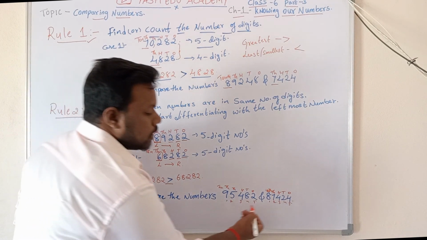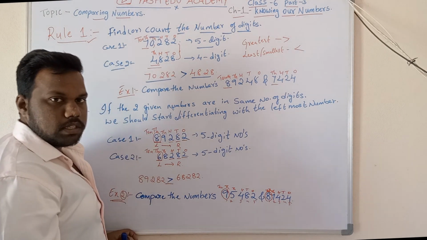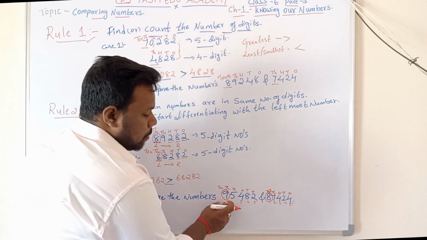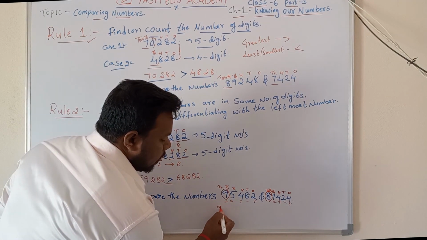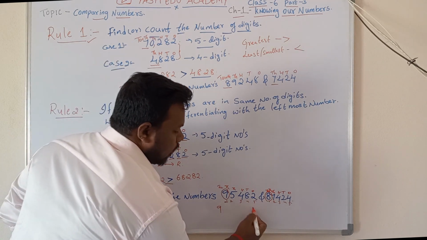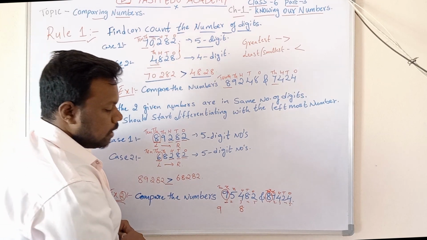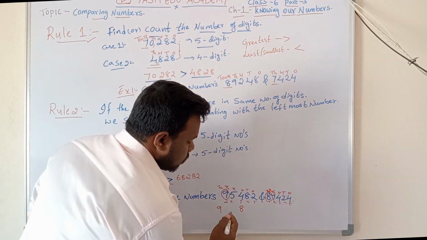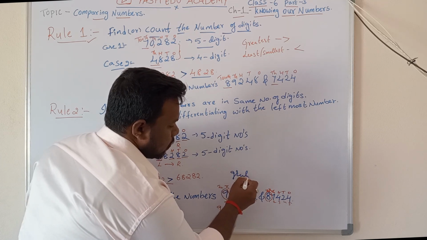We should go with the leftmost digit of each number. In the first one 9 is given, in the second one 8 is given. So obviously we know that 9 is greater than 8, so this number comes as the greatest.